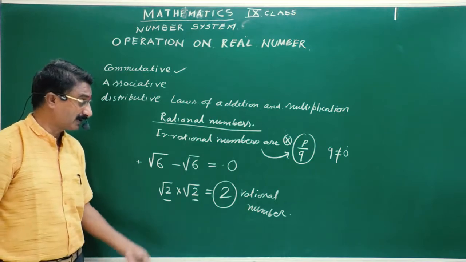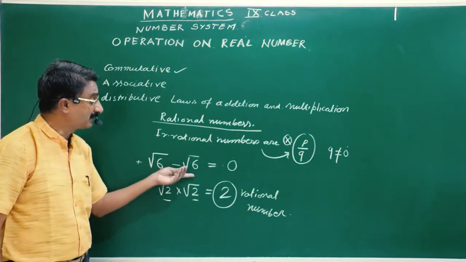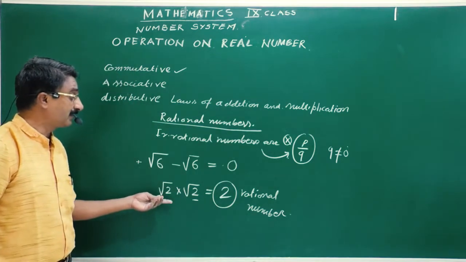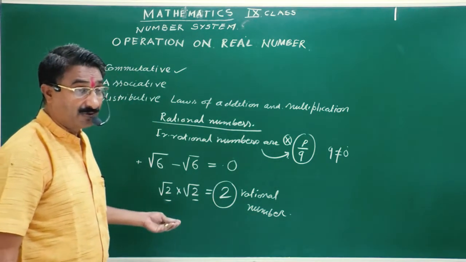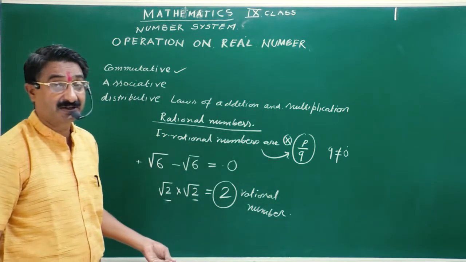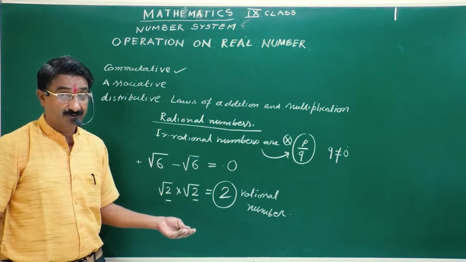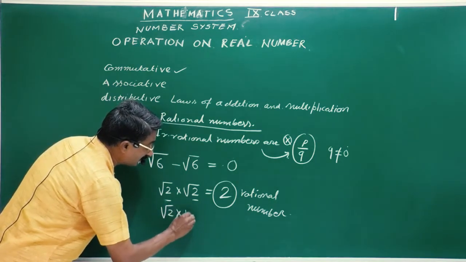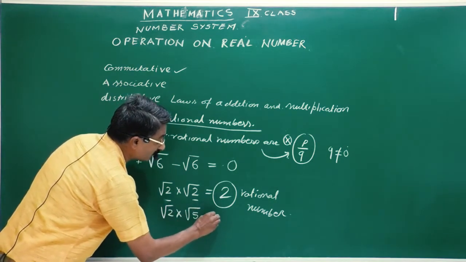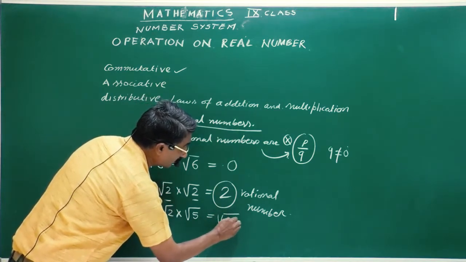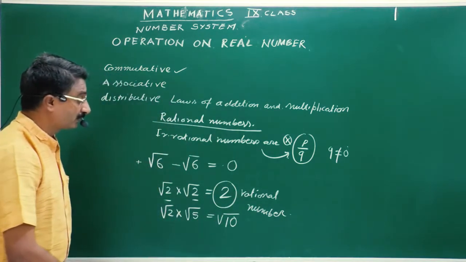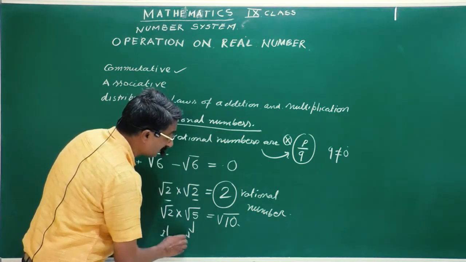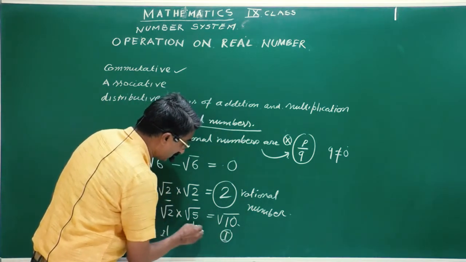Under root 6 is also irrational. So irrational minus irrational is equal to a rational number. Here again, it is irrational into irrational. So it is not always correct that an irrational number multiplied by an irrational number will be rational. Under root 2 multiplied by under root 5 is equal to under root 10. So this is again an irrational number. Multiplication, and the answer is irrational.